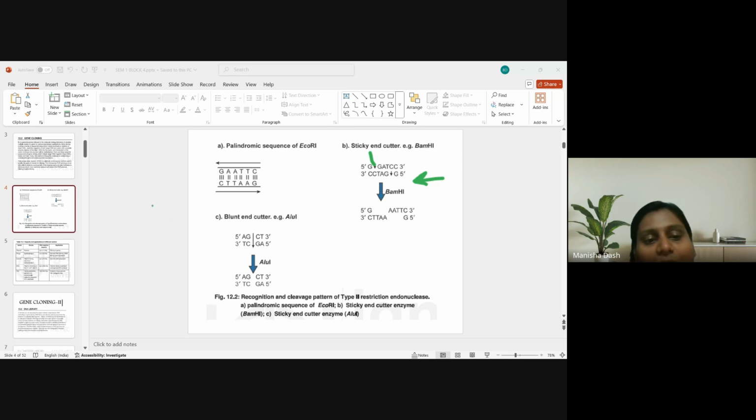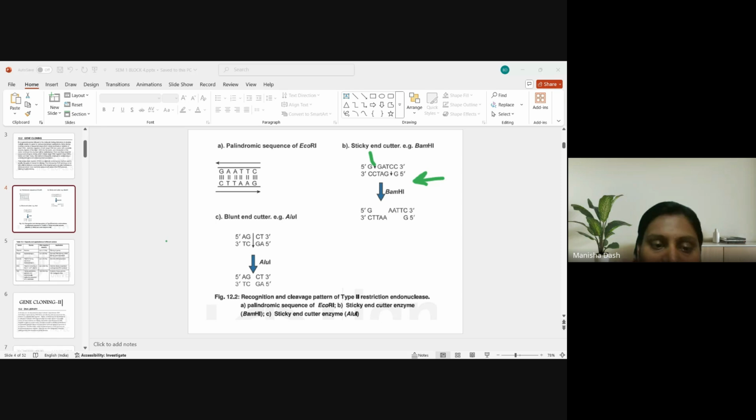So it will cut where? After the G in the 5 prime sequence. So here again you have the separated strand, that is, 5 prime G is here, AATTC 3 prime is here. In the vector, the strand will be similar to this.